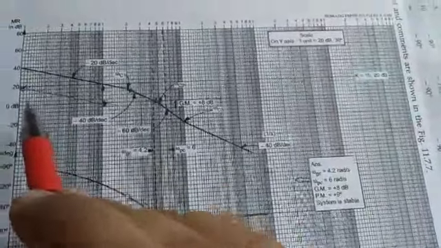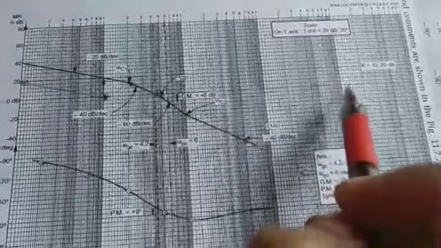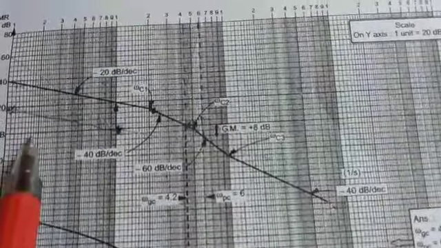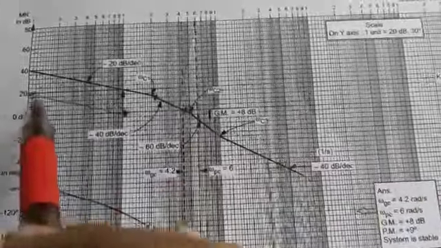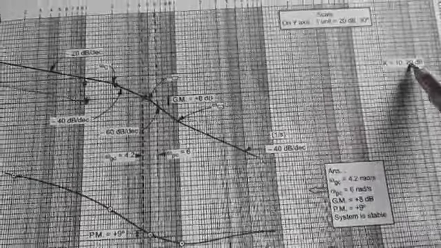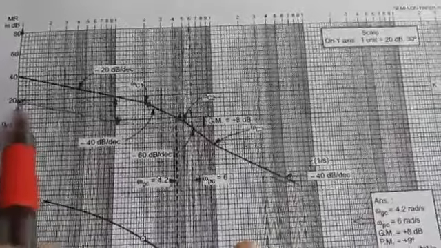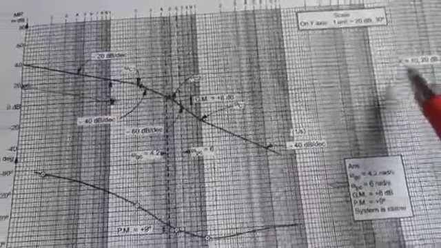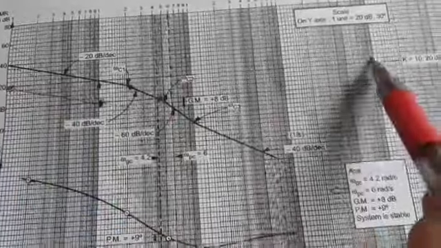First the 0 dB dark straight line. Next 20 log K, that is 20 log 10, which gives 20 dB. Mark a dark straight line.